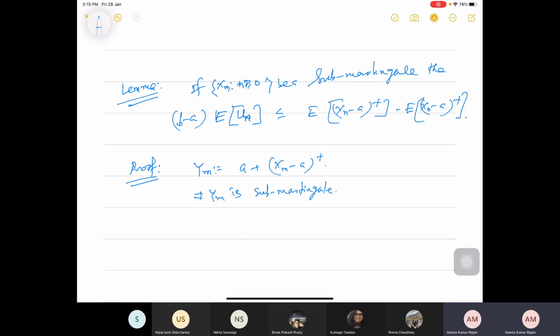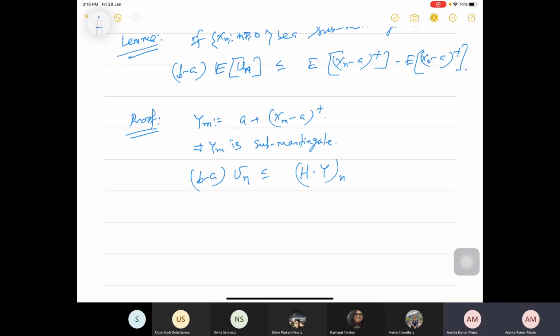Not only that, the number of upcrossings over a b by x m is the same as the number of upcrossings over a b by the sequence y m. And thus b minus a times U n is less than or equal to h dot y of n.